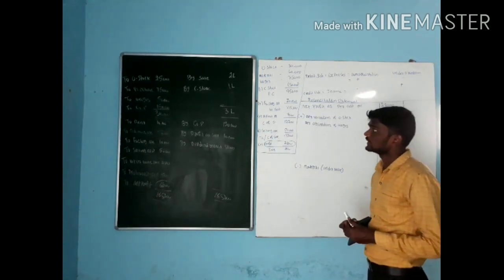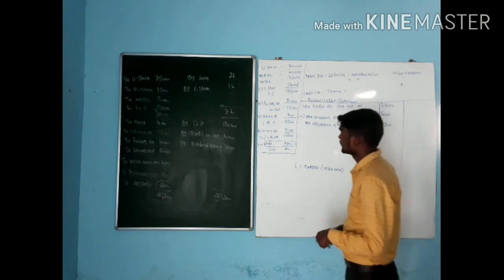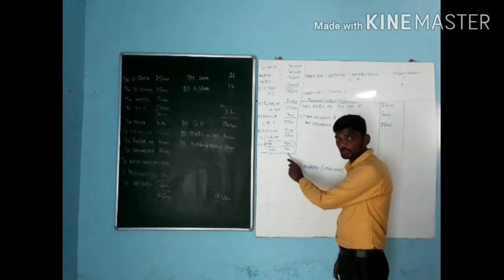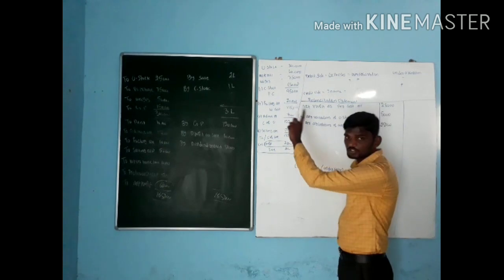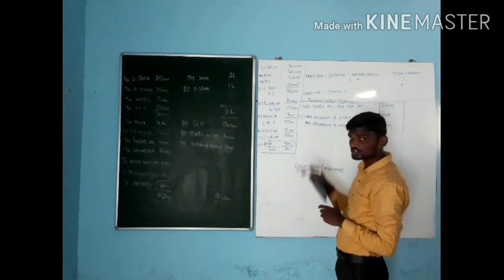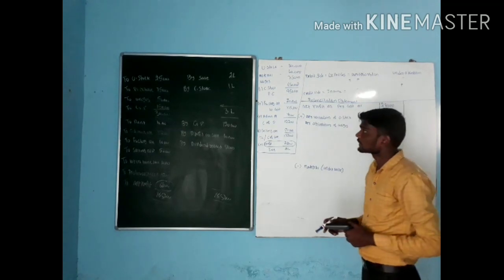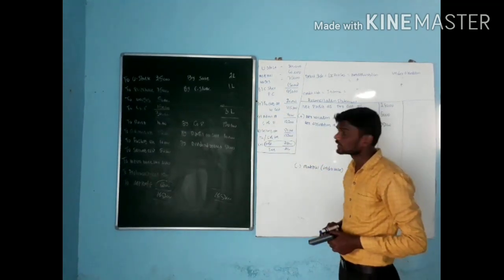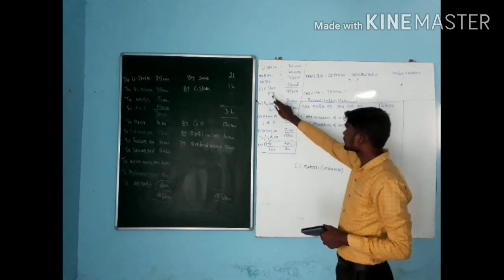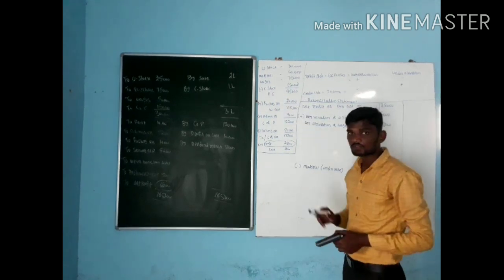Next one, go for the credit side. Sale is 2 lakh, and here sale is also 2 lakh. So actual sale is 2 lakh, and in your books of account and cost sheet also you recorded 2 lakh. Ignore. Next one, closing stock. Actual closing stock is 1 lakh, whereas here, you recorded only 50,000.